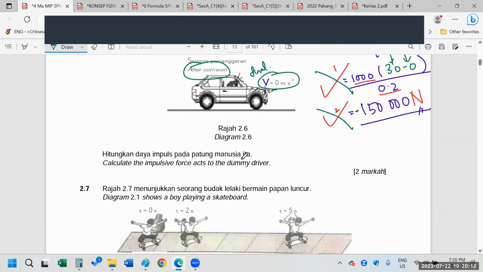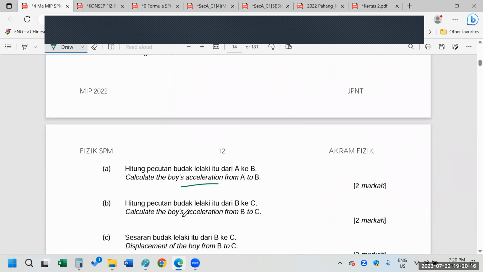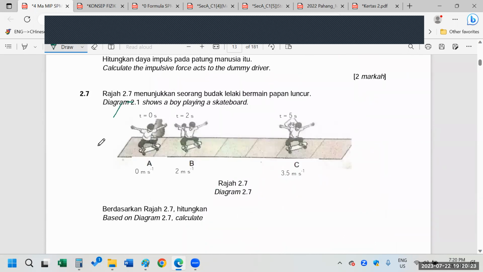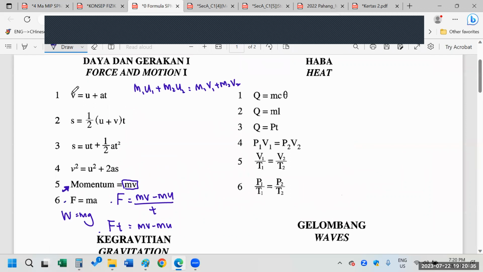There's an impulsive force, and then calculate the acceleration and displacement from A to B. Okay, A to B acceleration. And yeah, I forgot the formula. It's not given here. Actually, you can derive it from the first one.